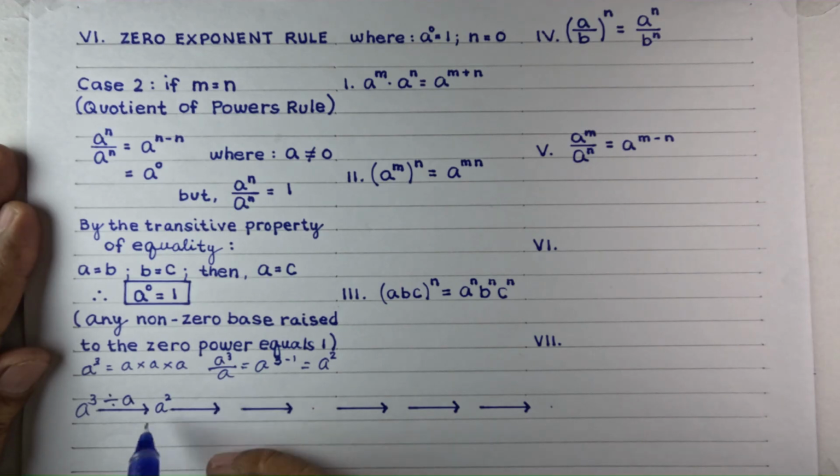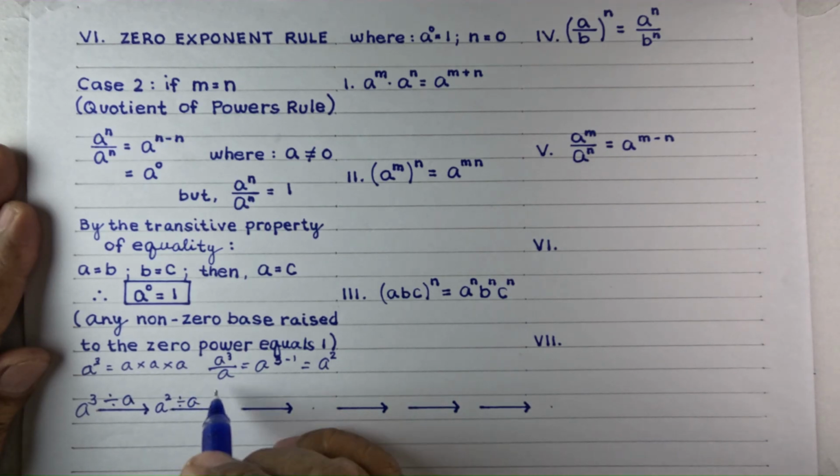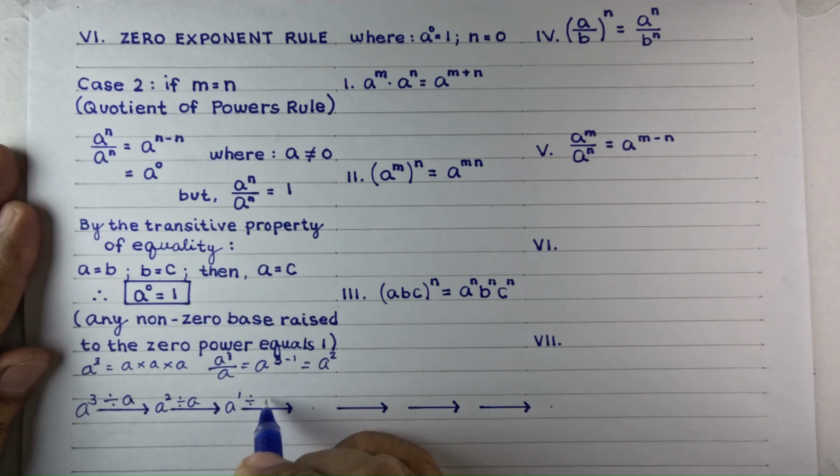Then dividing further, a squared divided by its base a results in a to the first power. Then dividing a to the first power by its base a results in a to the 0 power.